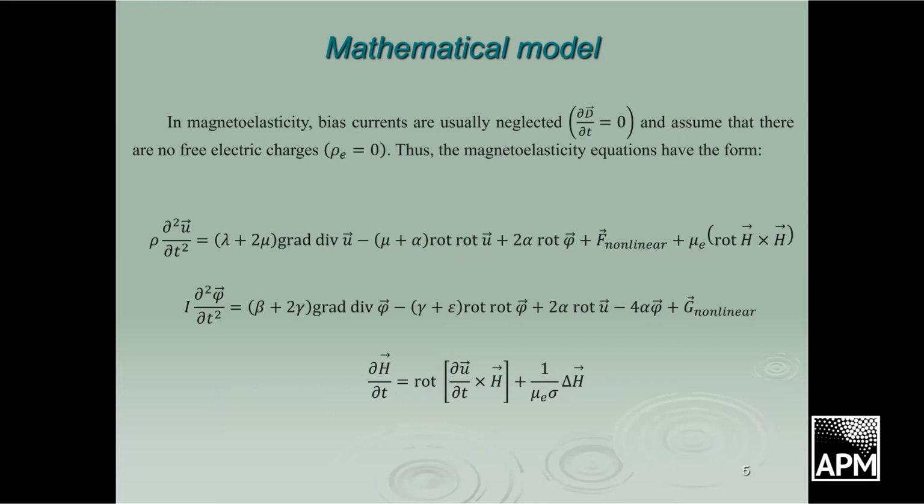In magnetoelasticity, it is assumed that we neglect bias currents and suppose that there are no free electric charges. Taking into account all these factors and assumptions, our system of magnetoelasticity can be written as follows.